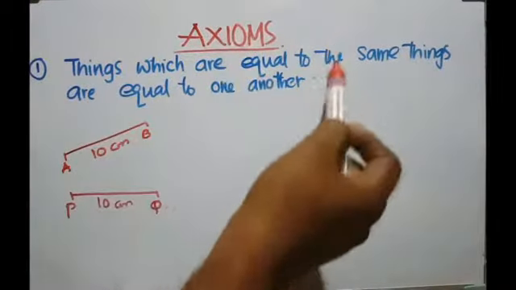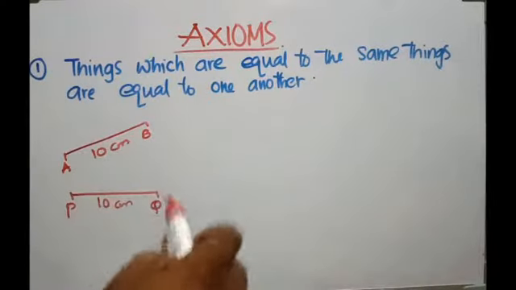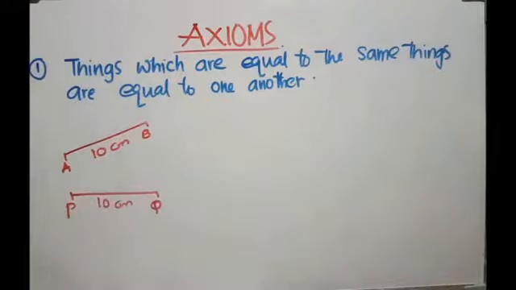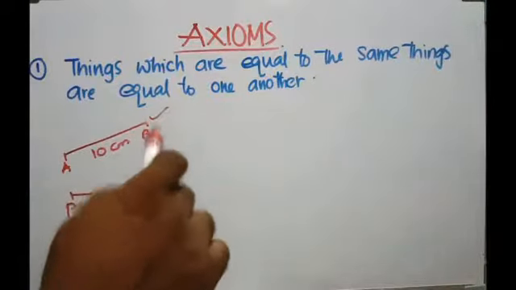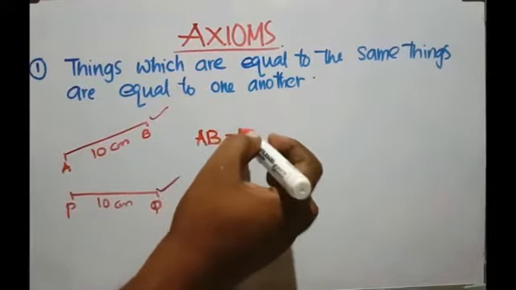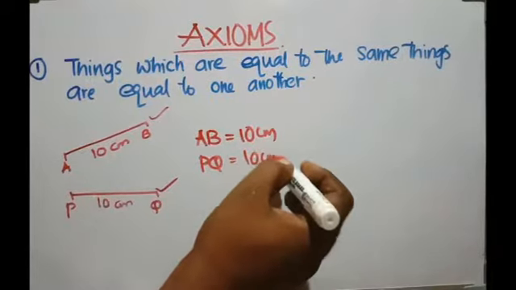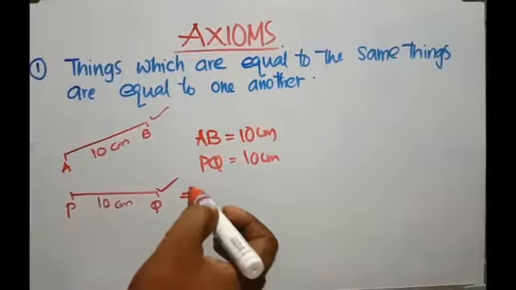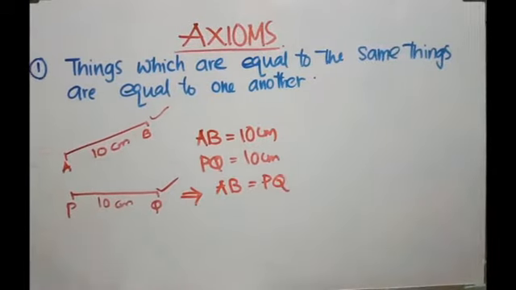The line segments AB and PQ are equal to the same thing, 10 centimeter. Then we can say they are equal to one another. That means AB is 10 centimeter and PQ is 10 centimeter. From this we can conclude that AB is equal to PQ. Okay, this is the first axiom.